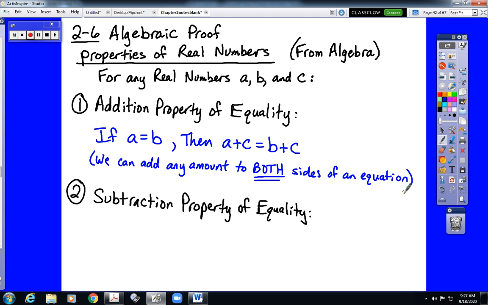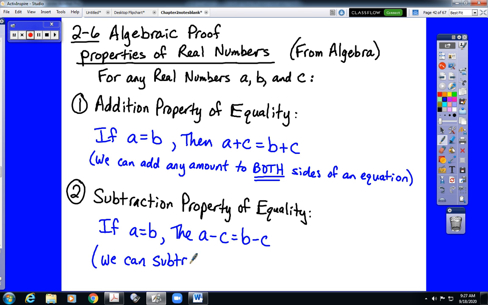That's the addition property. Anytime that we add a value to both sides of an equation, that is the addition property of equality. Now there are several other properties that are extremely similar to this, starting with the subtraction property. It starts off exactly the same way. If A equals B, then we are allowed to subtract whatever we want from both sides of the equation. So A minus C is equal to B minus C. We can subtract any value from both sides of an equation.